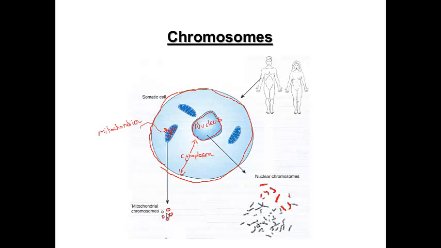So in contrast, the mitochondrial chromosome and its copies are just a long strand of DNA that is connected upon itself to create a loop or lasso of DNA. These structures are a whole lot less complex than those within the nucleus.